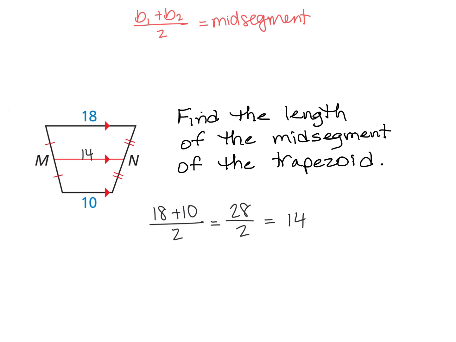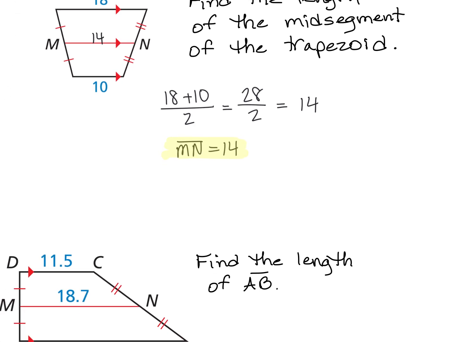So I know the measure of the mid-segment, MN, is going to be 14. Just look at your answer to make sure it is reasonable. Is 14 in between 18 and 10? Yes, so I know it's going to be correct. If you're getting some super large number or super small number, just double check it, make sure it makes sense.